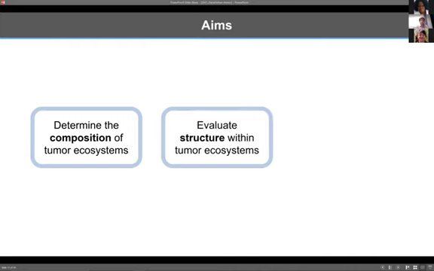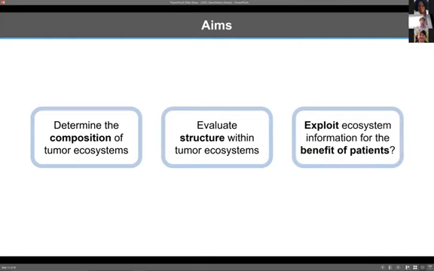Once we know about the composition, we also want to evaluate the overall structure of tumor ecosystems. And ultimately, we have to ask whether the information that we have gained about these ecosystems has any benefit or relevance for patients. That's what we want to achieve.